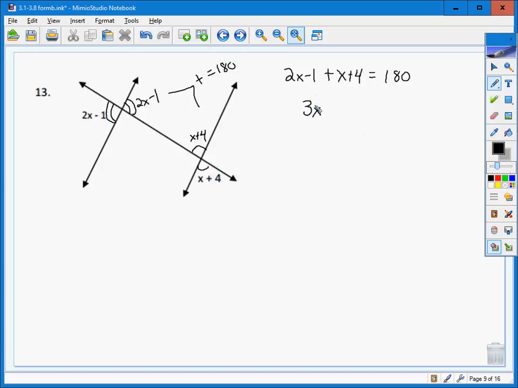This would be 3x, combining like terms, plus 3 equals 180. Subtract 3 from both sides. 3x would be equal to 177, and divide both sides by 3.